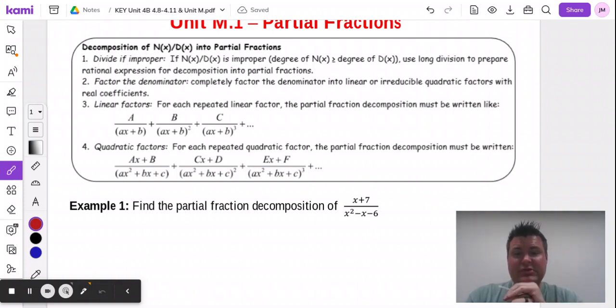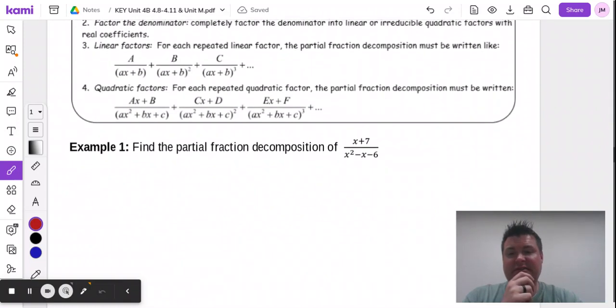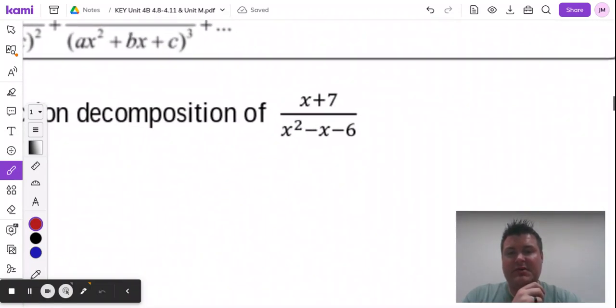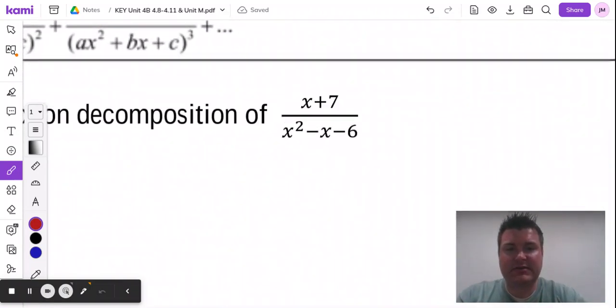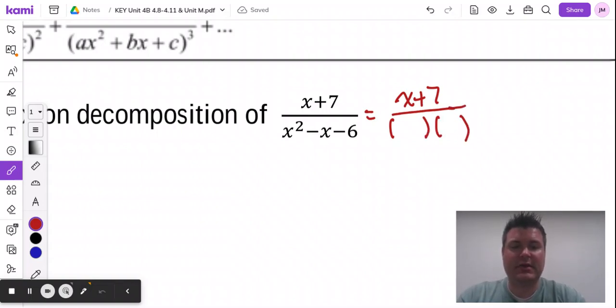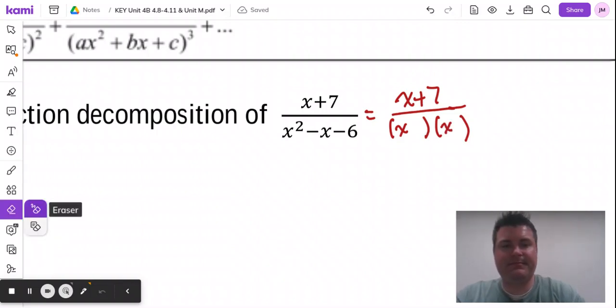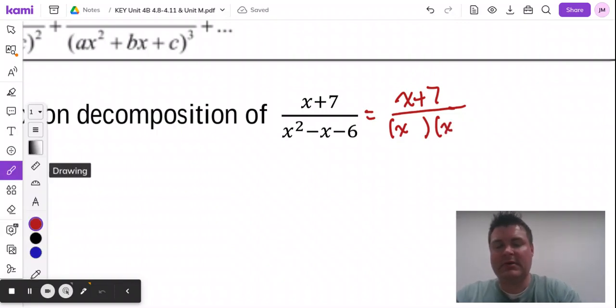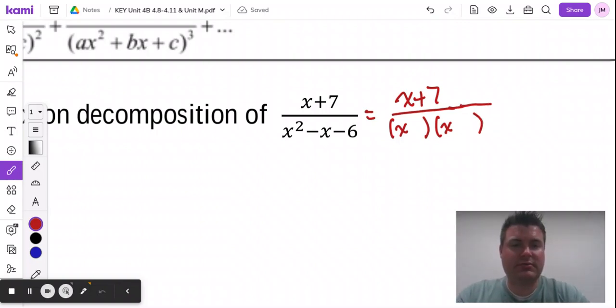Okay, so what we're going to do here is make sure everything is factored. I'm going to rewrite this as x plus 7 over, and I can factor the bottom as two things: x and x, and a 2 and a 3, so x minus 3 and x plus 2.